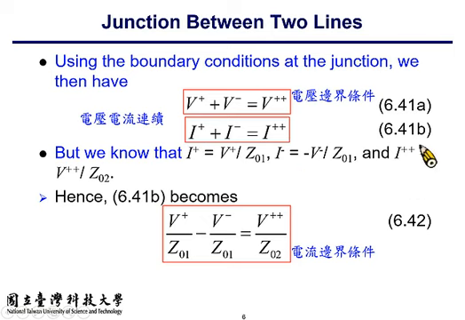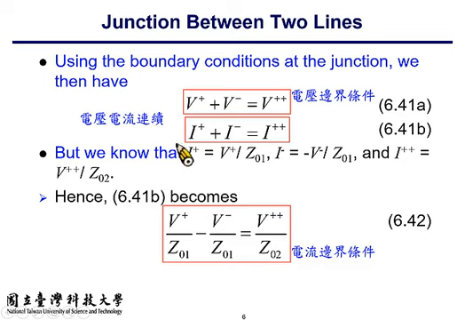And I double plus, which goes to the right, can be replaced with V double plus over Z sub 02. So equation 6.41b can be substituted with this equivalence as V plus over Z sub 01 minus V minus over Z sub 01 equals V double plus over Z sub 02.